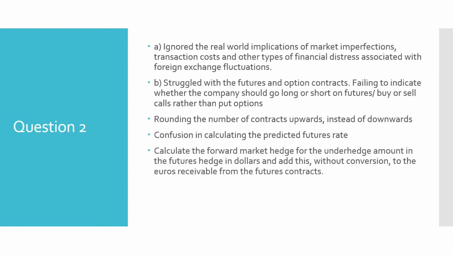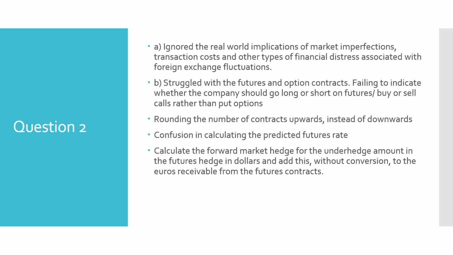The mistake the candidates made was they calculated the forward market hedge for the underhedged amount, because they were told the underhedged amount needs to be hedged using the forward market in the future hedge. So there they have used dollars.